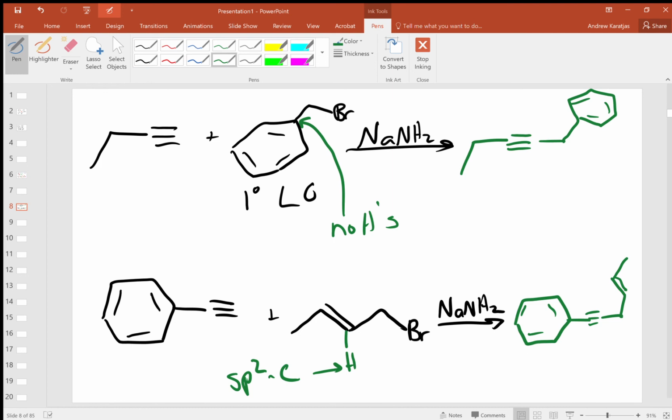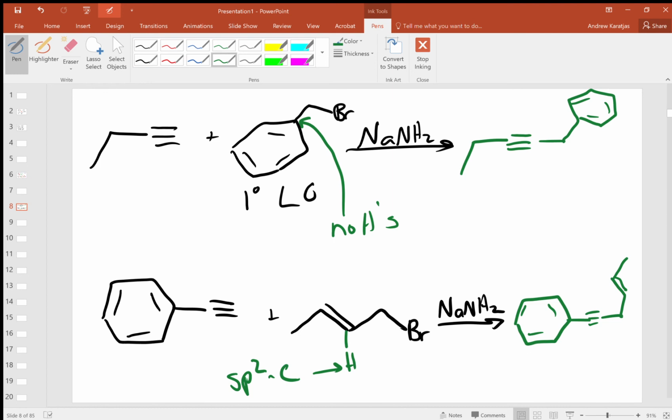So finally, what are the limitations of this reaction? Well, we've already seen there's some pretty significant limitations with the electrophile, but what about the alkyne? What functional groups do we need to avoid? Well, basically, we need to avoid any functional groups that either have acidic hydrogens or have leaving groups themselves. So pretty much any carbonyl is problematic.